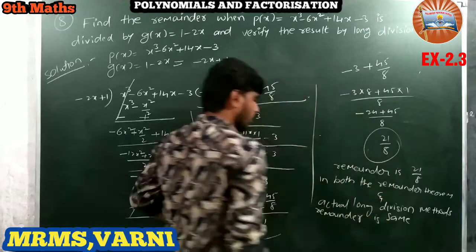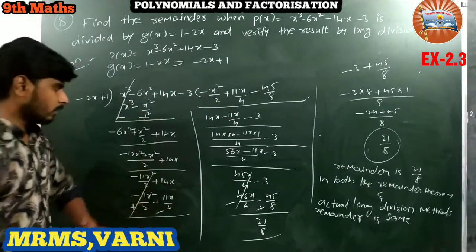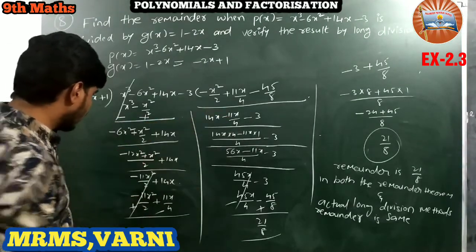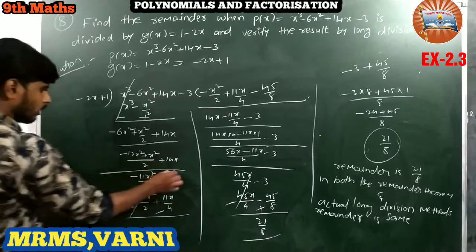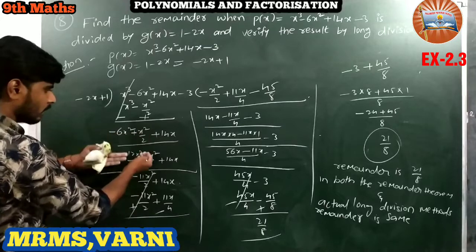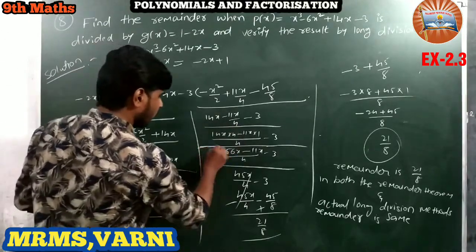Okay, we got the remainder same in both the cases. Okay, right. So don't confuse here. So here and as well as here, this is nothing but simplification of this here, and this is the simplification of this. Okay, right. This is the big division.